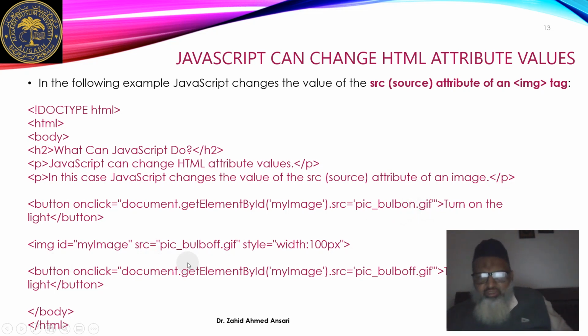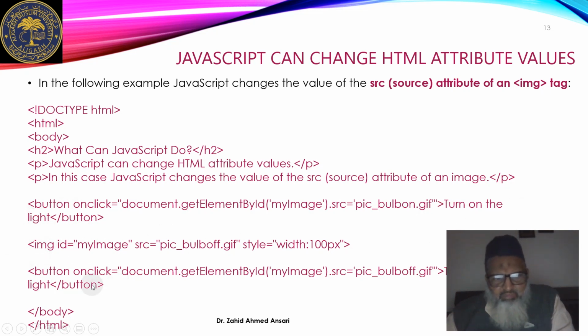So by default, pic_bulboff.gif is associated with this image, but when we click the button, the source changes to pic_bulbon.gif. And what we write on this button? On this button we write turn on the light.